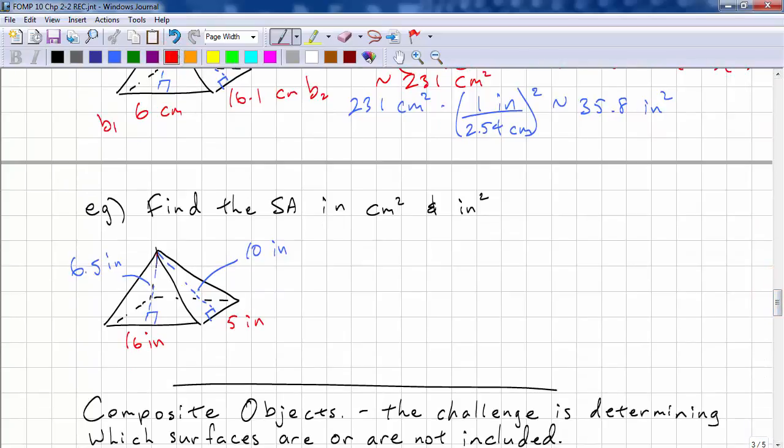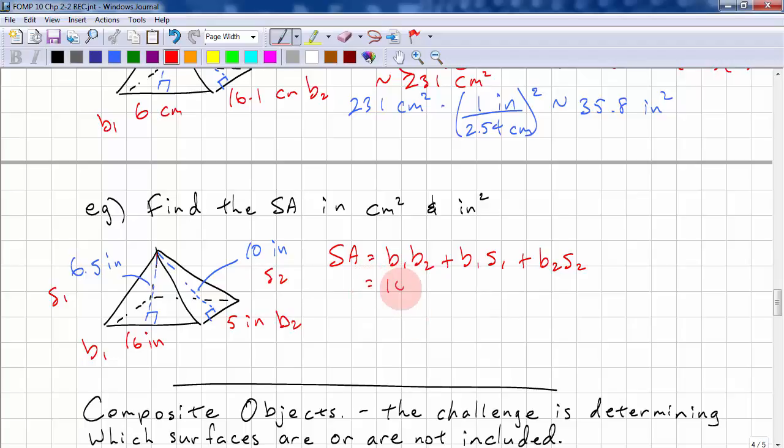Let's do one more. And again, write it out. B1 B2 plus B1 S1 plus B2 S2. Again, we'll call this B1 S1, B2 S2.